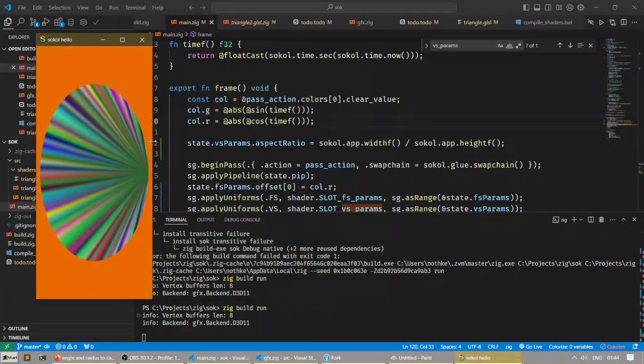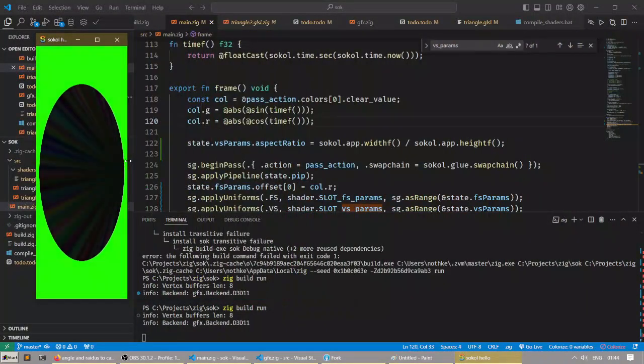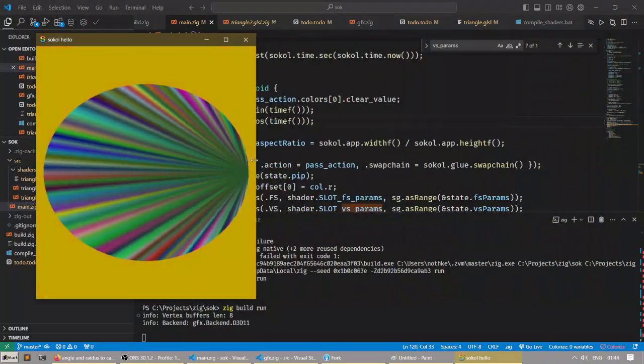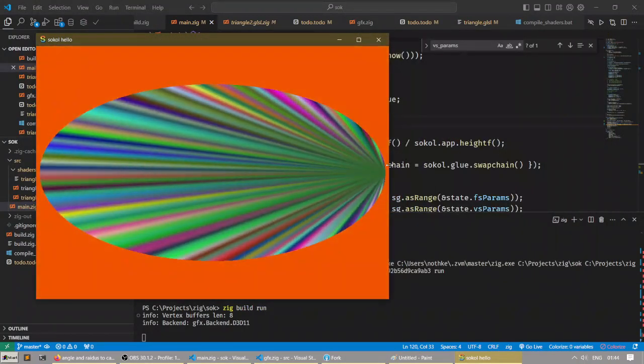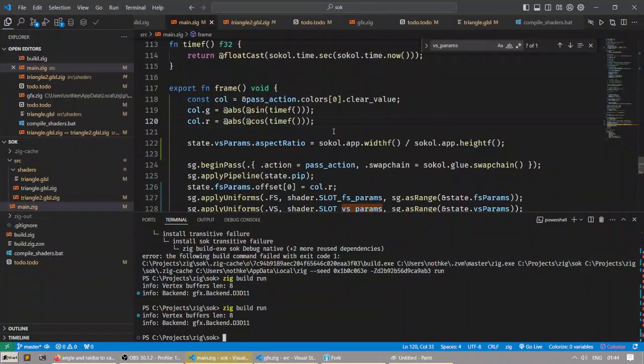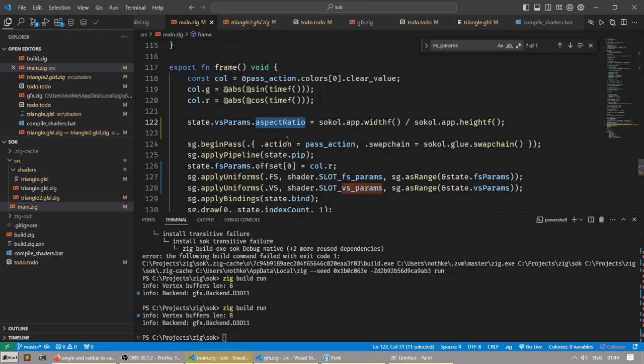There it is. Oh no, wait. This is not it. Okay, did I get the vertex ratio wrong? The width by height, aspect ratio, and these VS params get passed in, right?